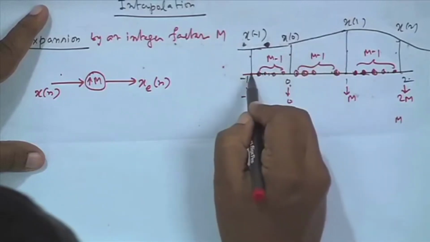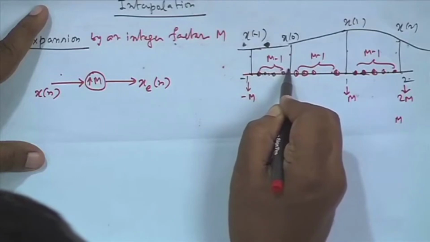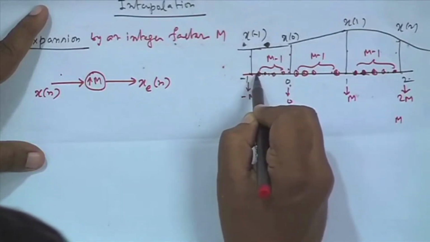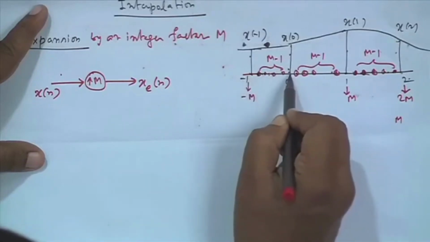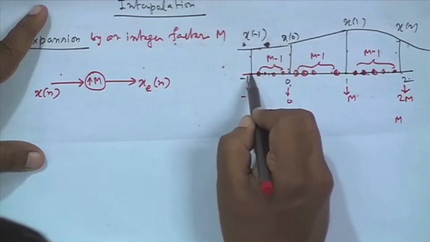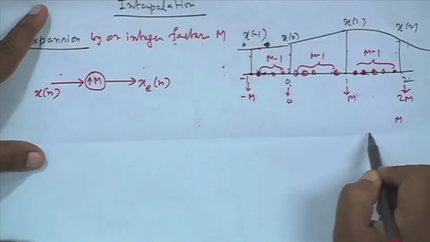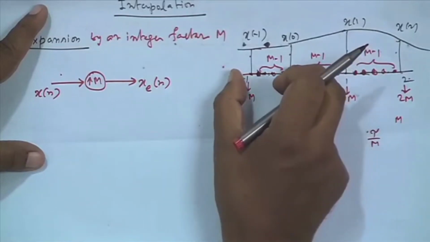If the previous sampling period was tau, it will be tau by m, because m times that will be tau and the mth sample will be here. So, that means tau by m, another tau by m, another tau by m. I am creating sampling points at tau by m, where tau was the original sampling period.